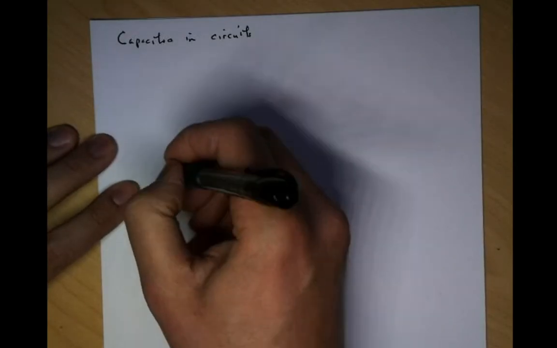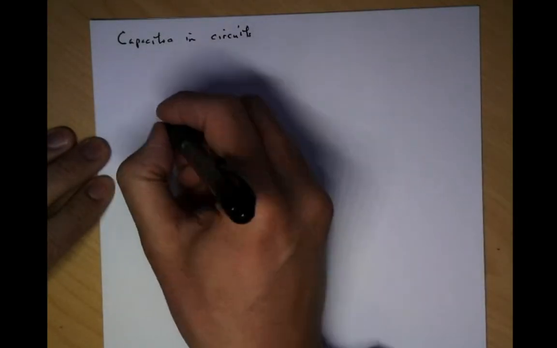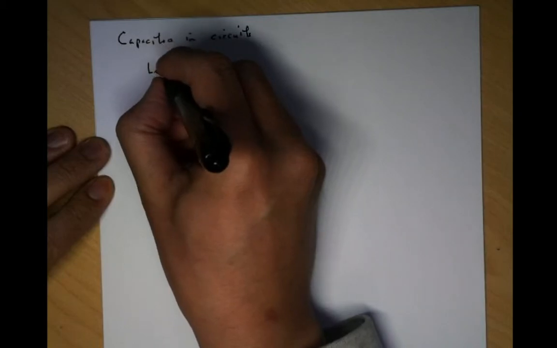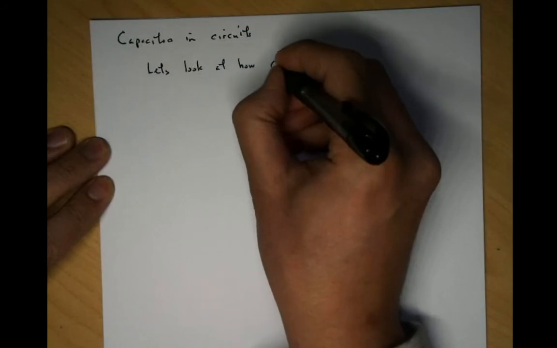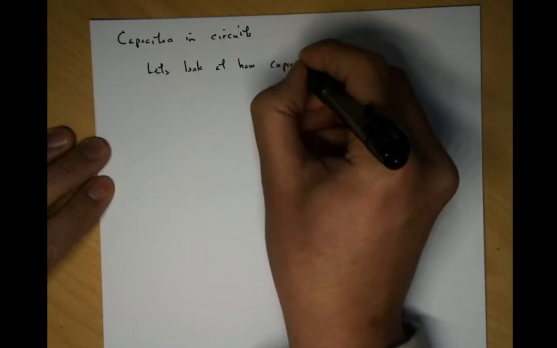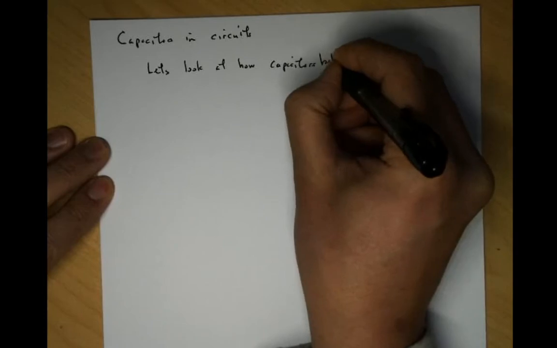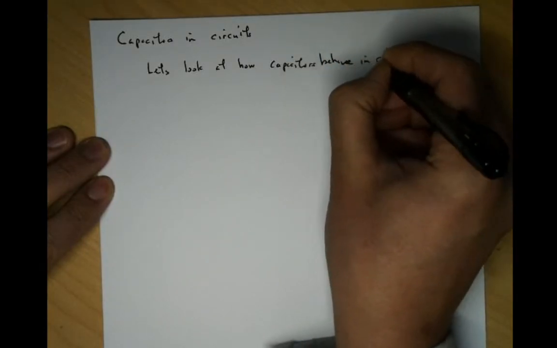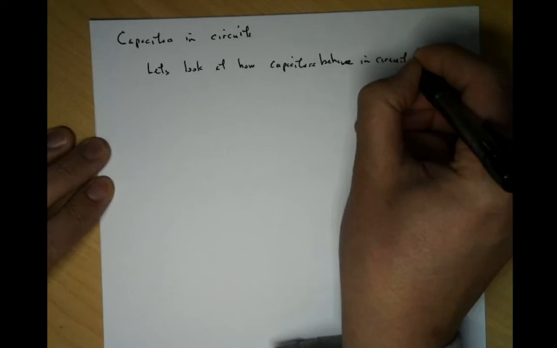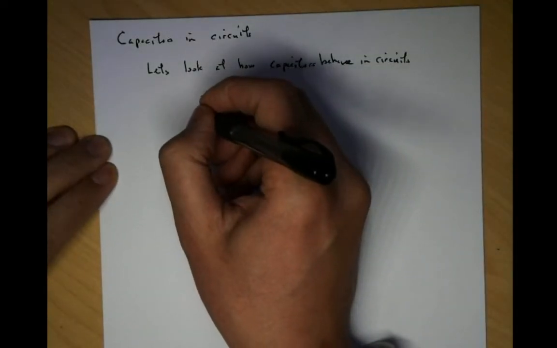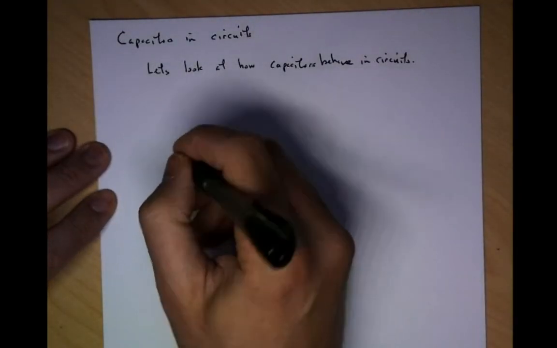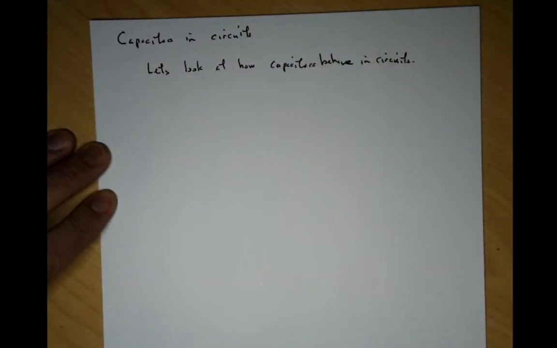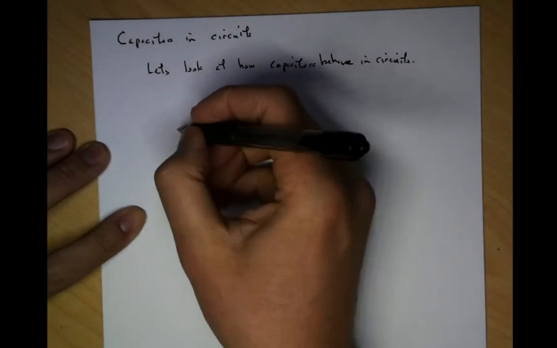Okay, so let's look at how capacitors behave in circuits, right? Okay, so in order to do that, we're going to have to learn how to read a circuit first, all right? So let me just draw a picture out how this thing looks, okay?